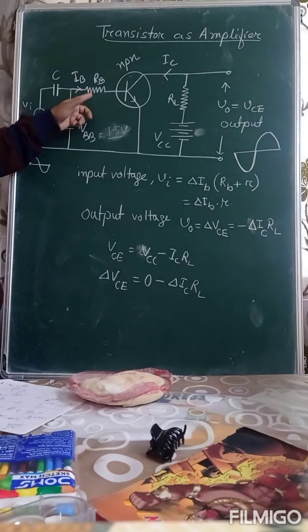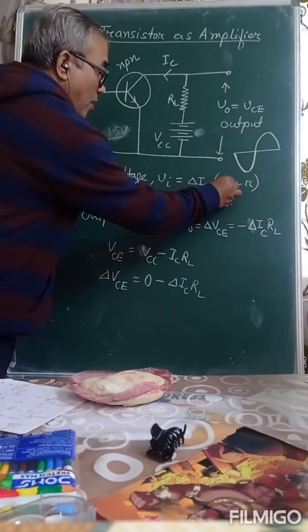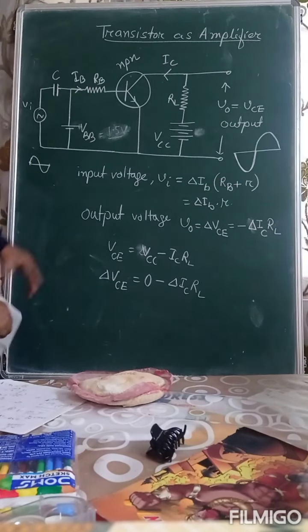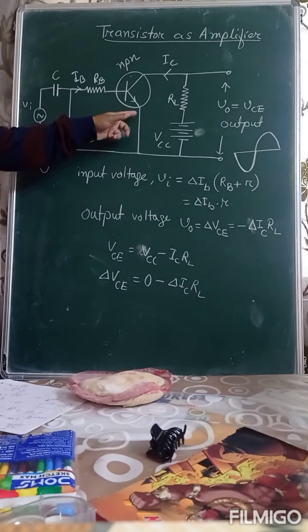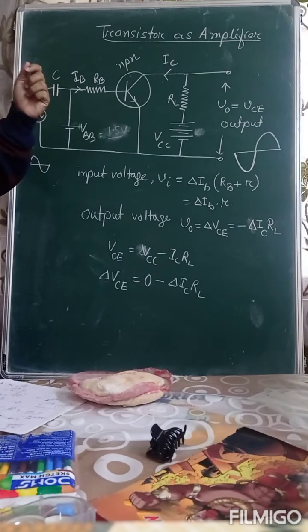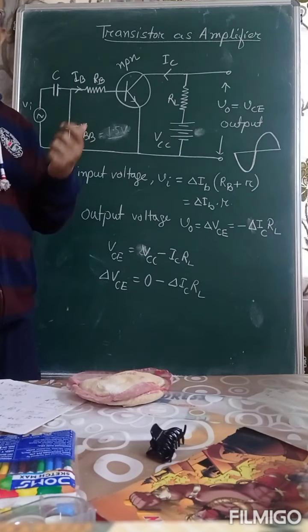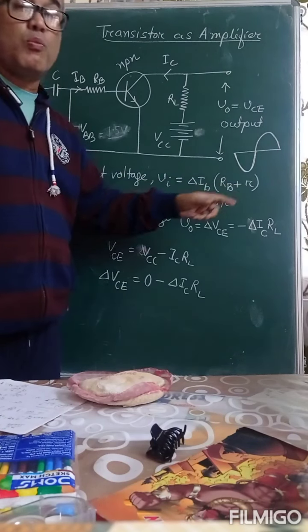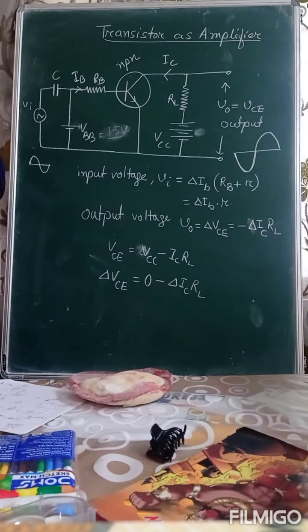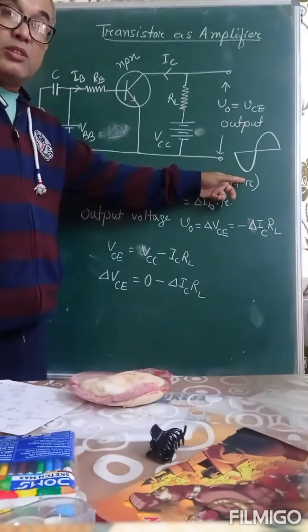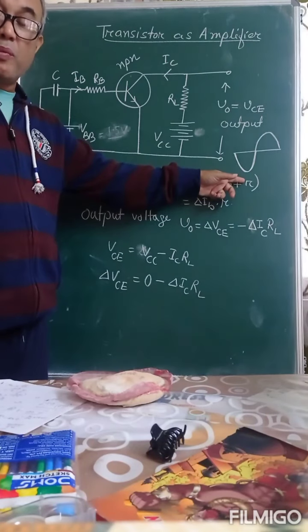This voltage we will call RB, and inside the emitter junction there is some resistance included; this resistance I have called small r. Under ideal condition, since the base emitter junction is forward bias, this resistance should be taken as zero.